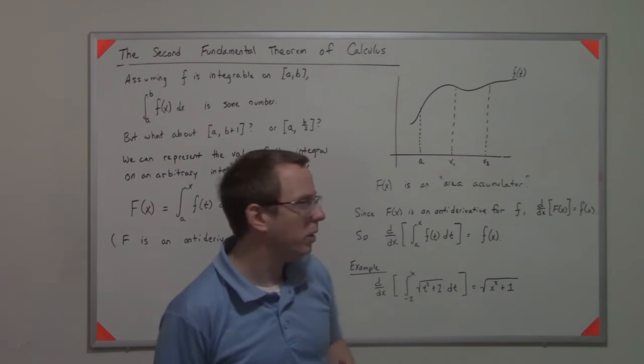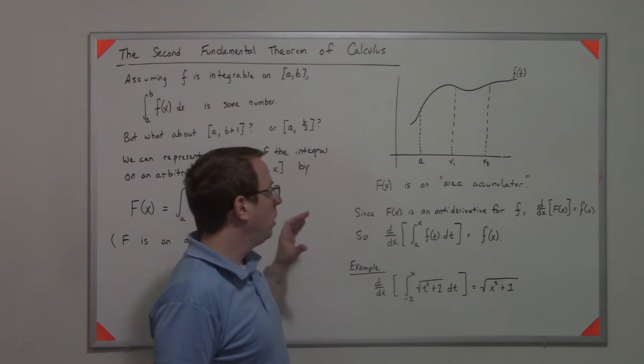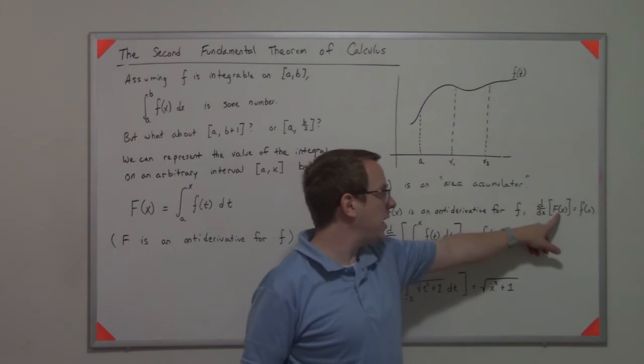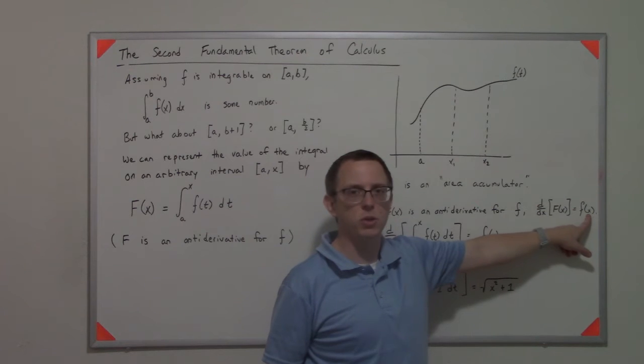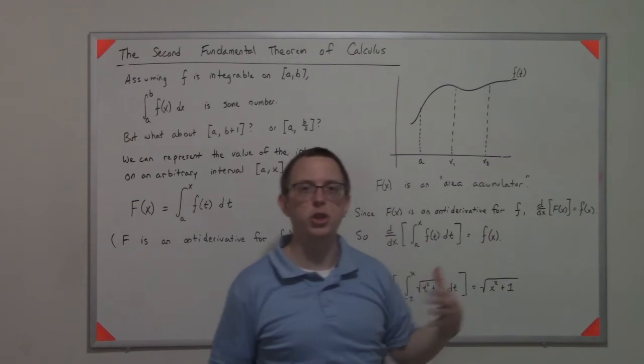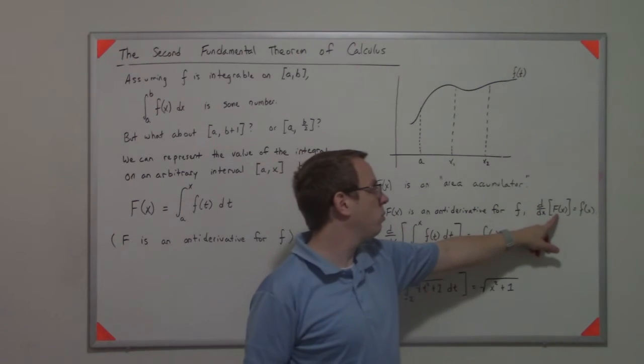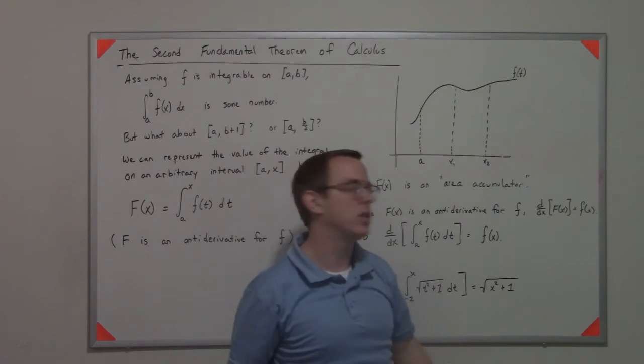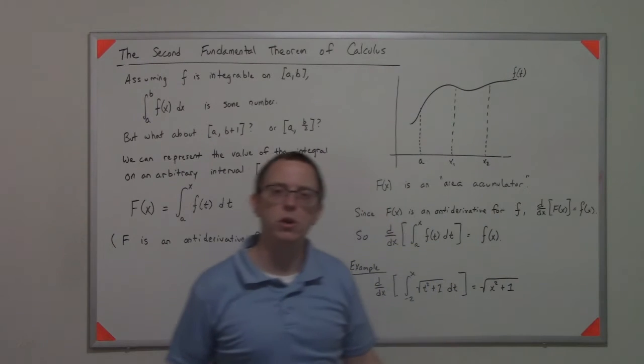And why is that important? Well, if it's an antiderivative, then when we take its derivative, we get back the original function, right? That's the definition of an antiderivative: when I take the derivative of the antiderivative, they cancel, and I get back my original function.